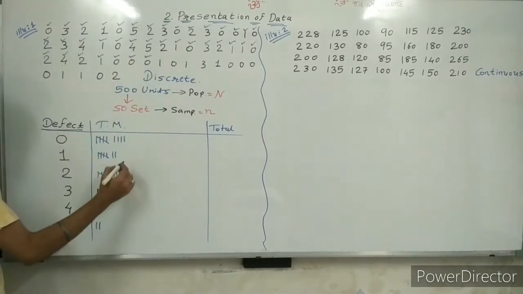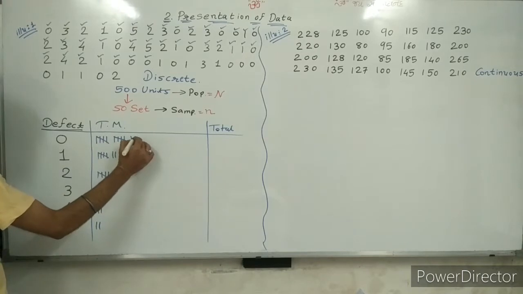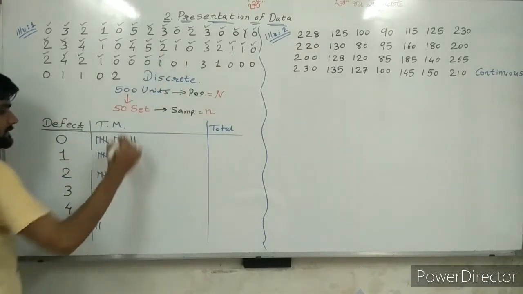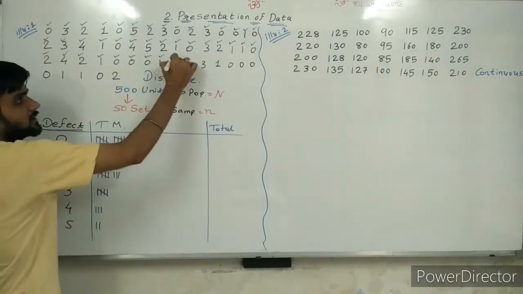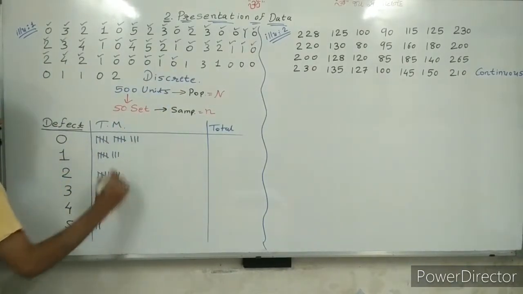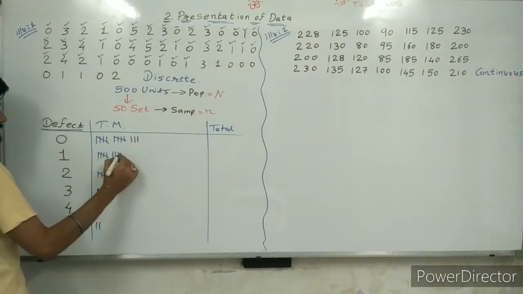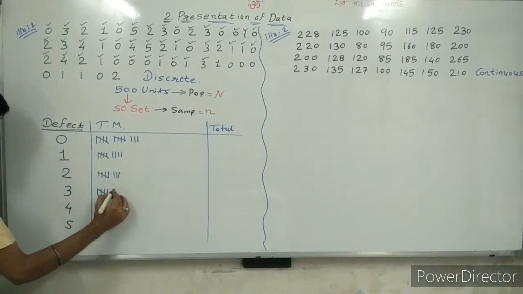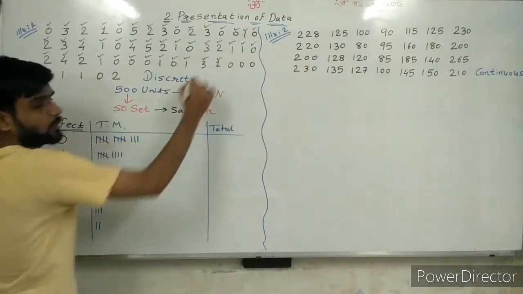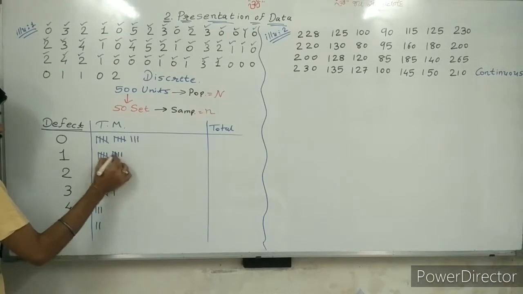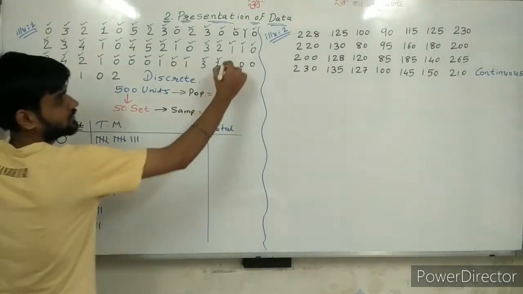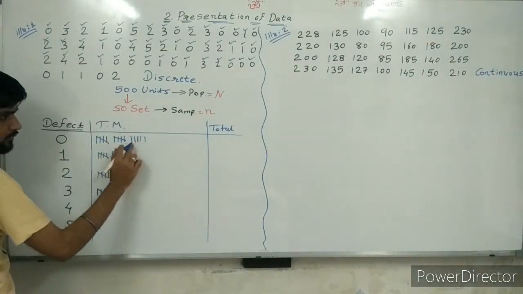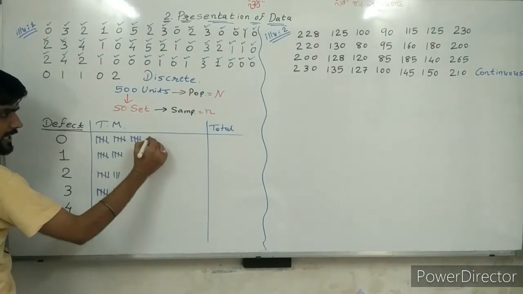3 times 0, so 1, 2, 3. 1, 0, again 1, 3, 1, cross. 3 times 0, 1, 2, and 3.